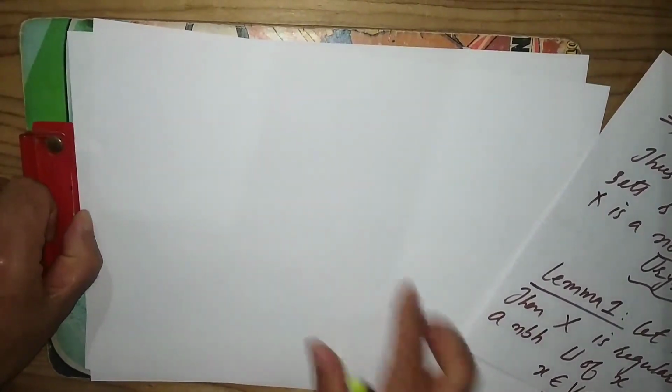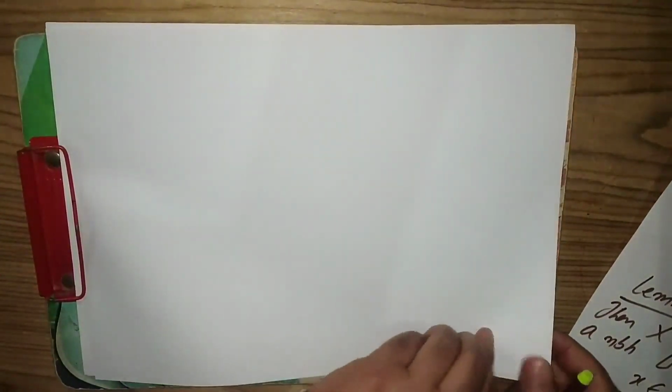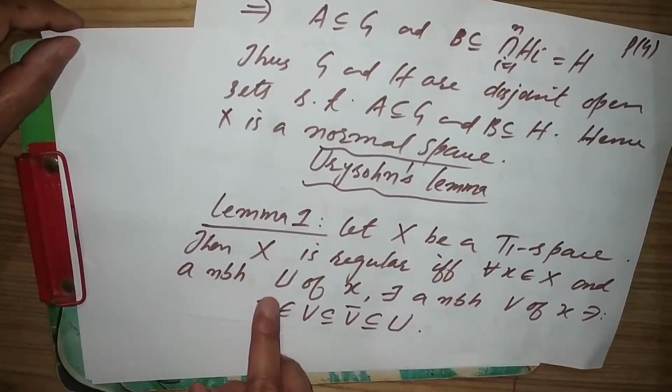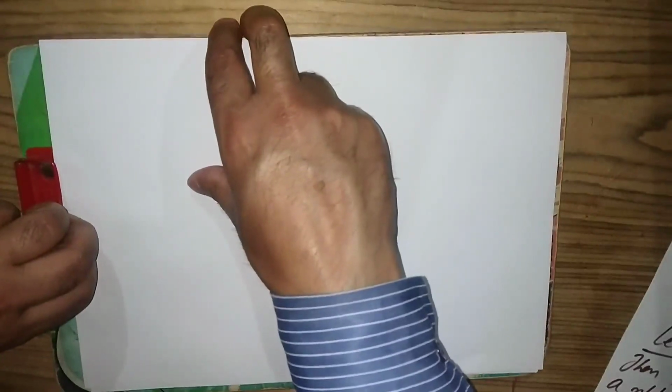Let's prove this lemma. So we first assume that X is a regular space, and we'll show that for any neighborhood U of x, there exists a neighborhood V of x such that V closure is a subset of U. Proof.